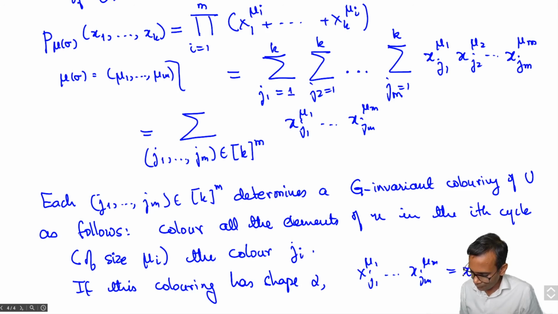And so totally this x to the alpha will actually just be the shape of the resulting coloring.